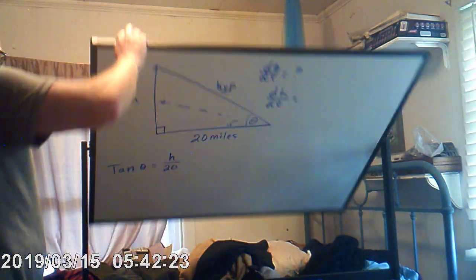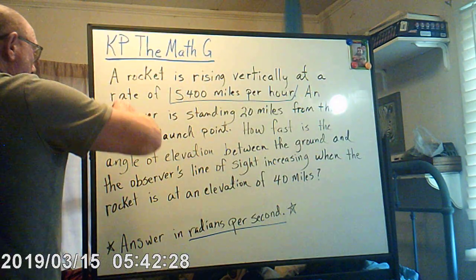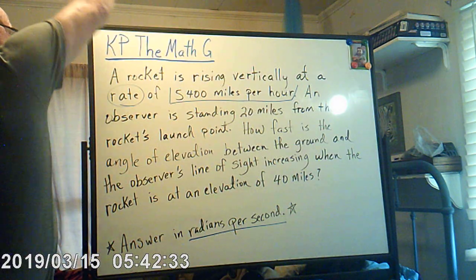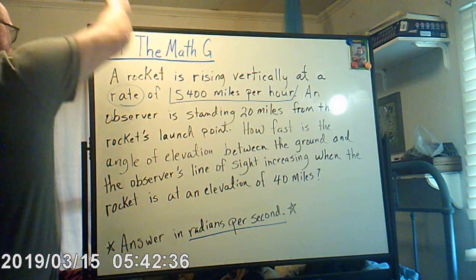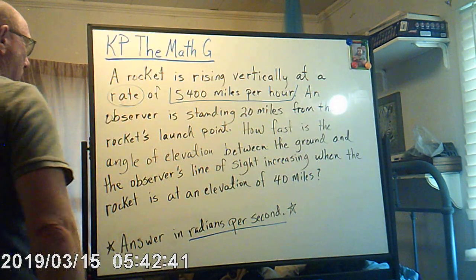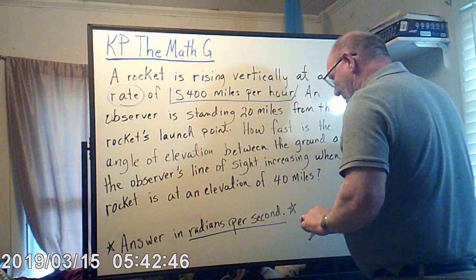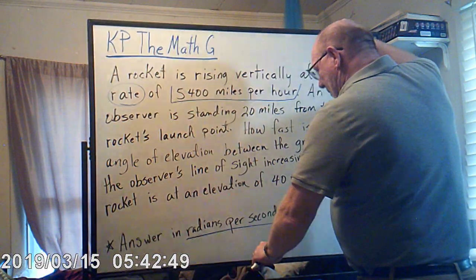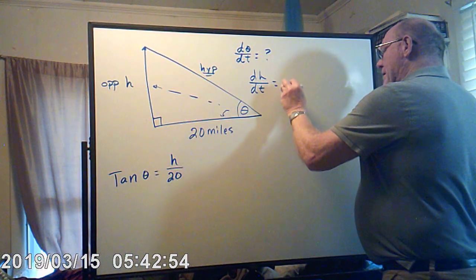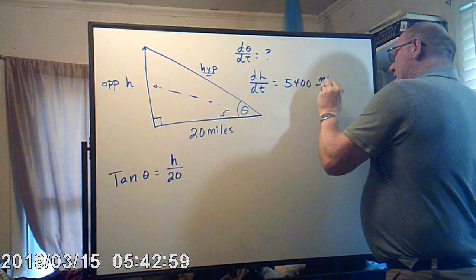I've got so much stuff in this room. It's rising vertically at a rate, so it's going vertically upward. h is the height, so dh over dt. If it were y, we would say dy over dt. It's going up 5,400 miles per hour. So this is what we have to contend with: dh over dt is 5,400 miles per hour.